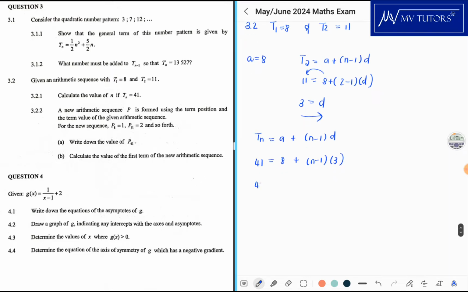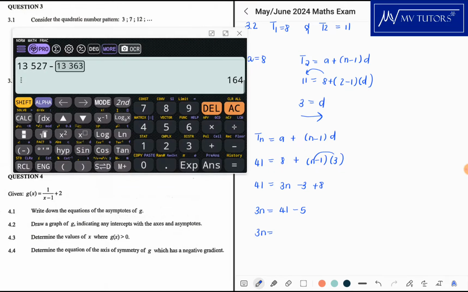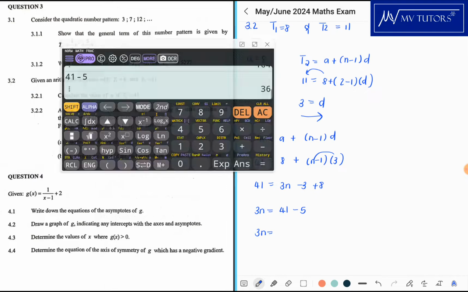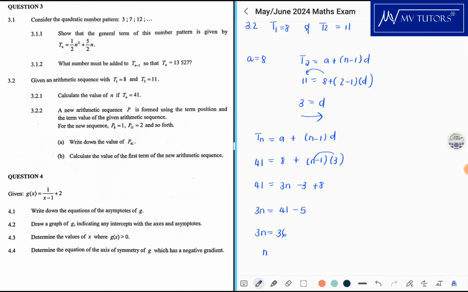So I multiply out: 3n minus 3 plus 8. Then 3n is equal to 41 minus 5, since minus 3 plus 8 is 5. What is 41 minus 5? That is 36. If I divide by 3 on both sides, n is equal to 12.